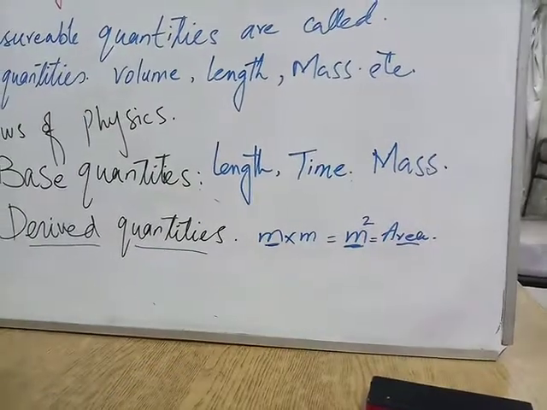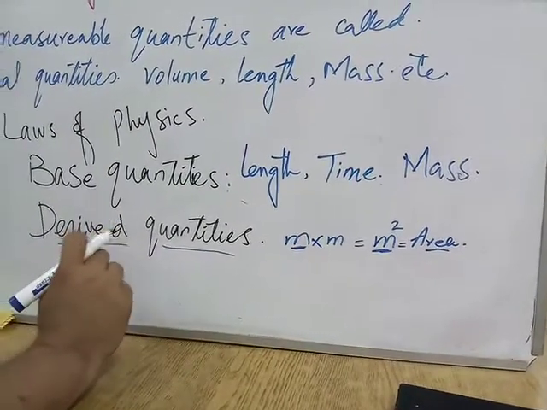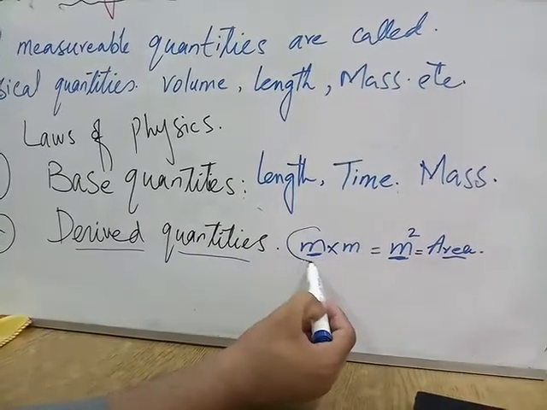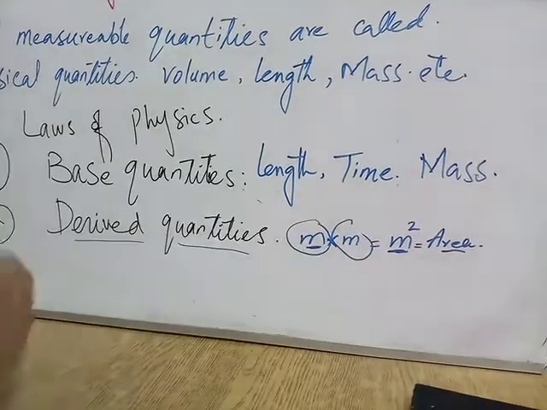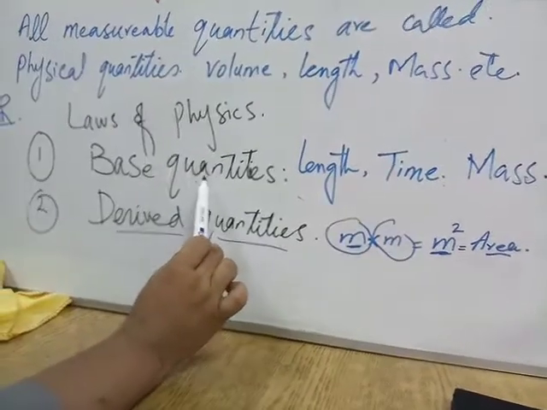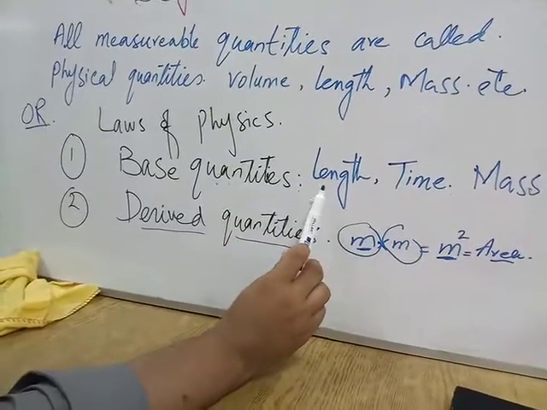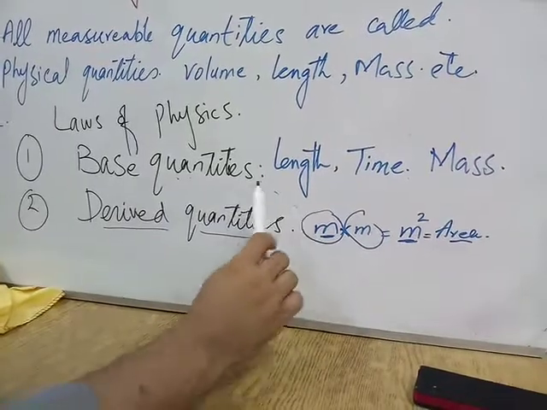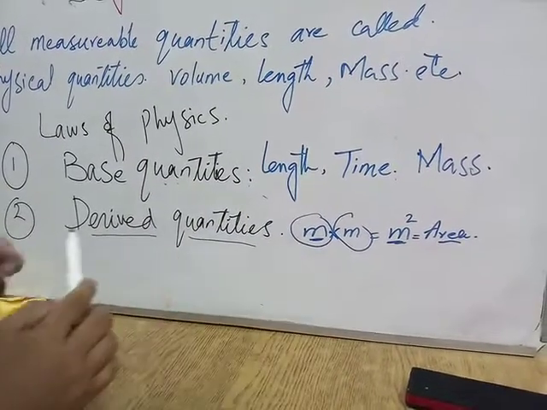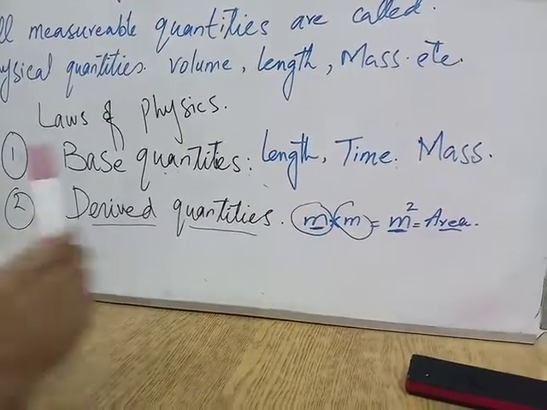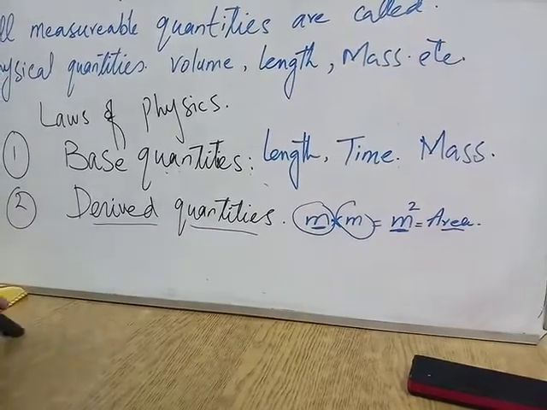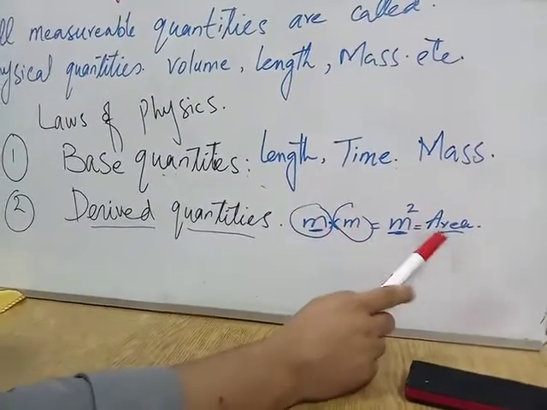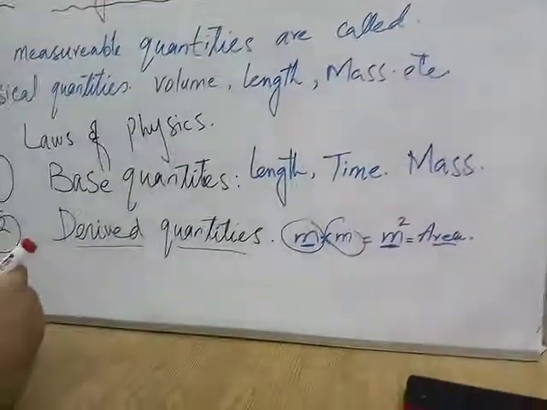So area is a derived quantity. It means area is derived from other quantities. So base quantities are those which are not derived from other quantities, and derived quantities are those which are derived from other quantities. From this example we can say that the combination of two base quantities gives us a derived quantity.